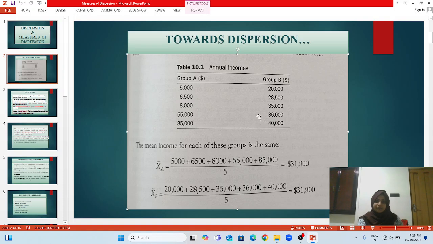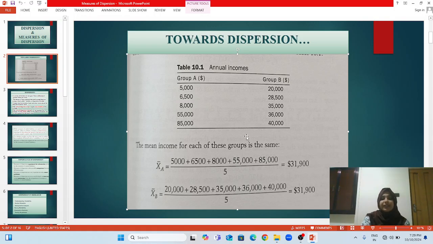But this 31,900 is not sufficient to represent the individual observations of Group A incomes. That is why dispersion arose as a concept, because here the mean value is not representing each of the observations of this data set.